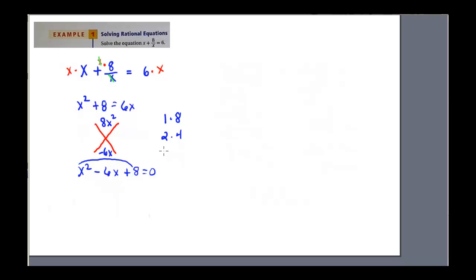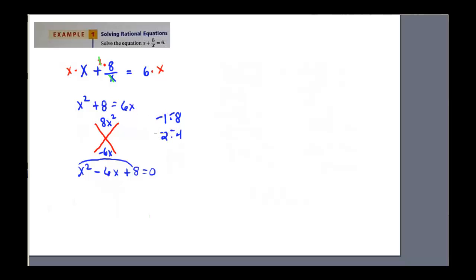Now, the larger number in each pair gets the sign of the negative 6, which is in the bottom of the cross. So the 8 will be negative, the 4 will be negative. Now, these two numbers have to multiply back to positive 8. So, negative 8 times negative 1 is positive 8.